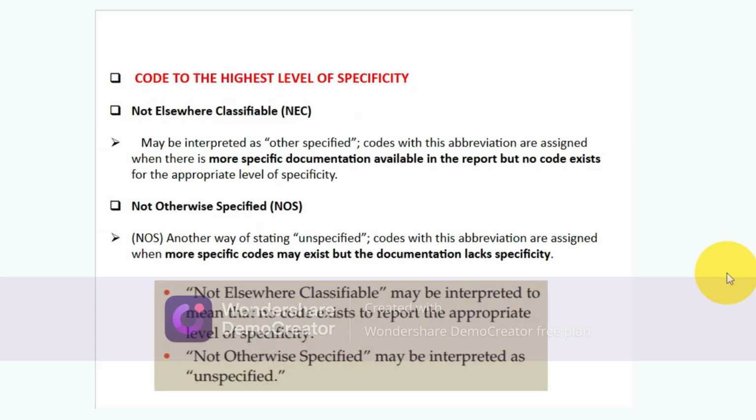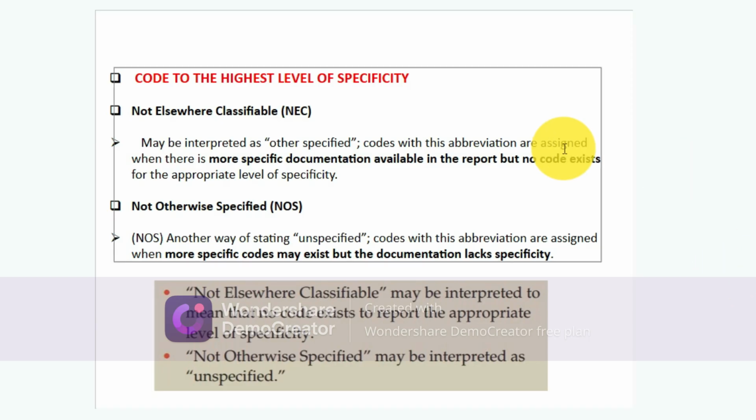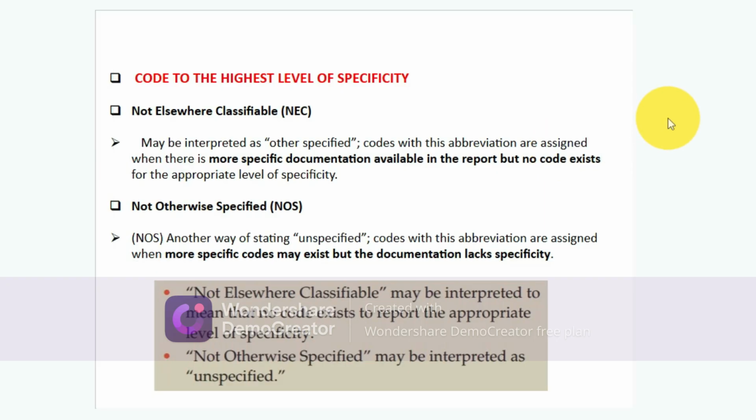Code to the highest level of specificity. Not elsewhere classified, NEC, may be interpreted as other specified codes, with the abbreviation assigned when there is more specific documentation available in the reports but no code exists for the more appropriate level of specificity.